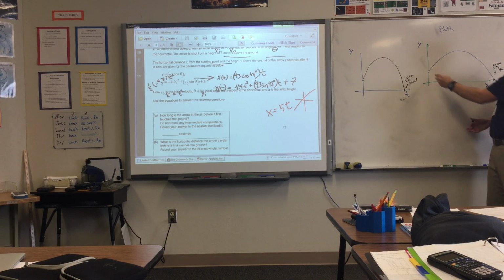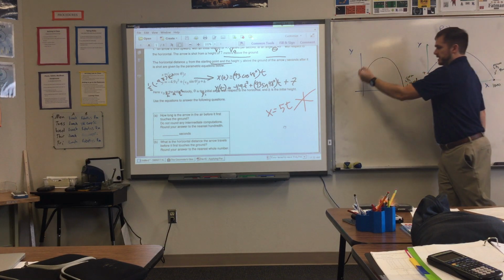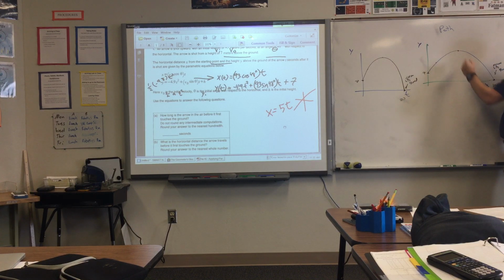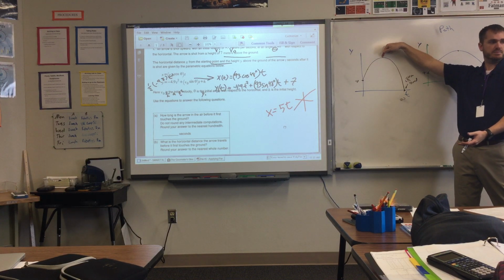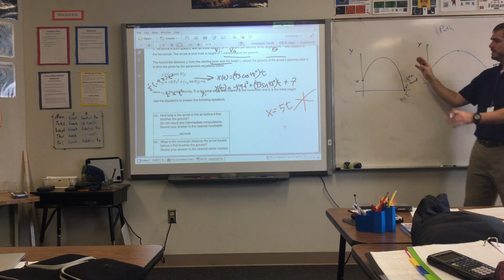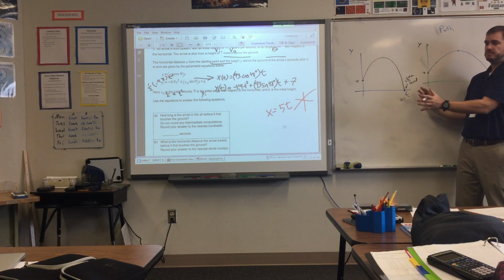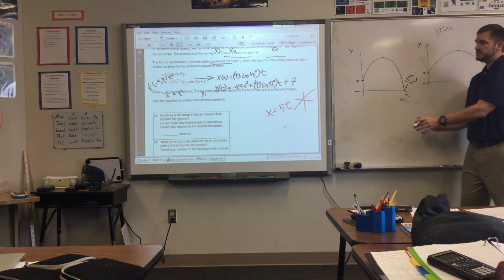There are other things. At time 0, its y height is 7. At time 0, its height is 7. Also, when it's at its highest point here, it also corresponds to the time at which it's going to be at the highest point here. Stuff like that. So really, this graph is going to tell us all kinds of information, and we are really going to focus in on this graph over here and its equation.